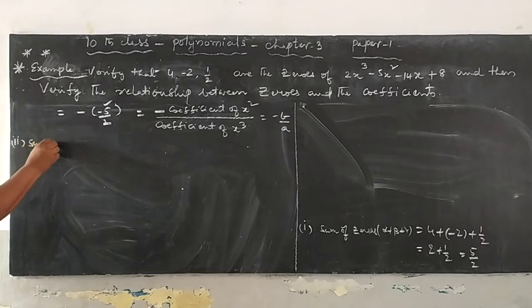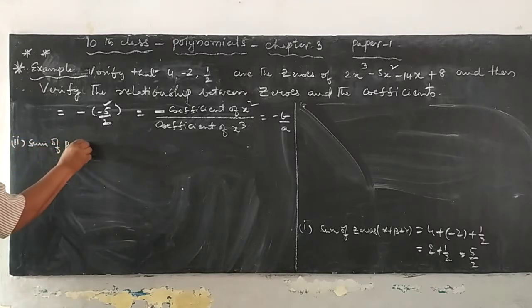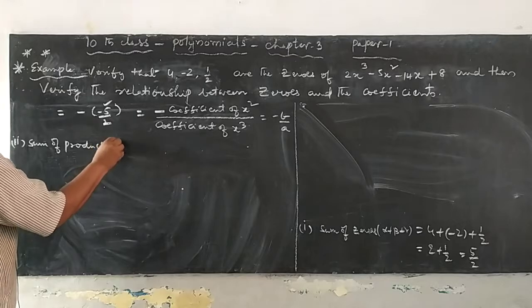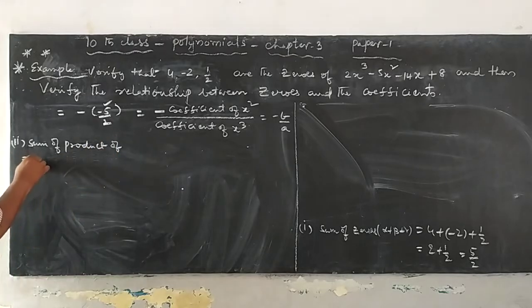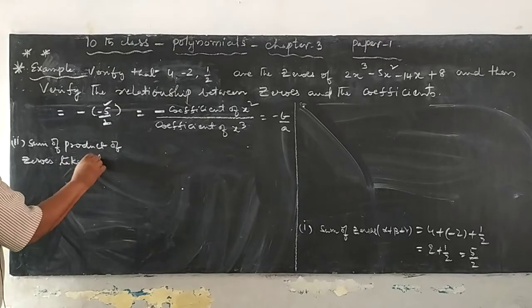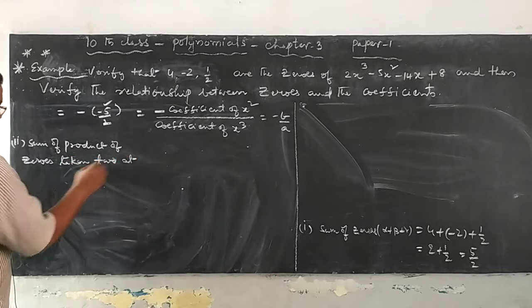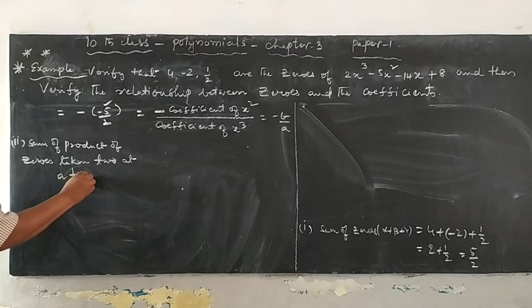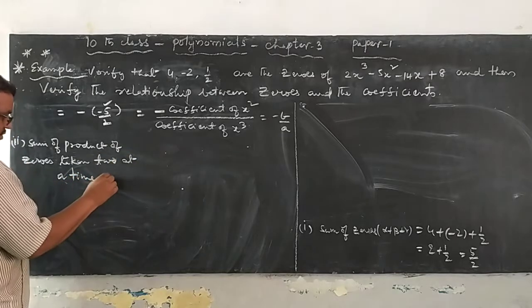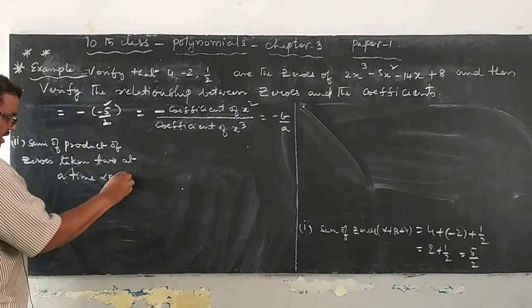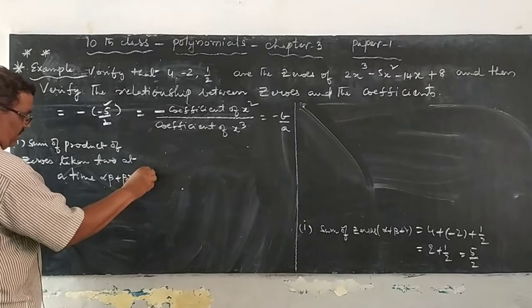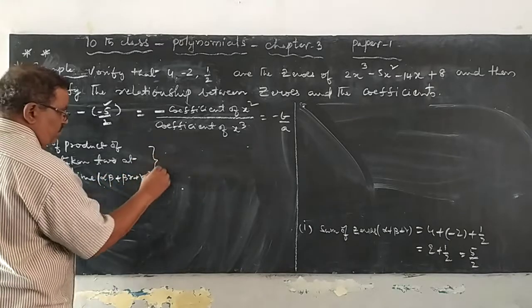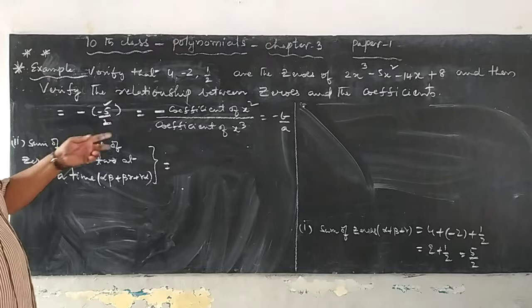The second one, sum of product of zeros taken 2 at a time. That is alpha beta plus beta gamma plus gamma alpha. That is equal to, how much will come?